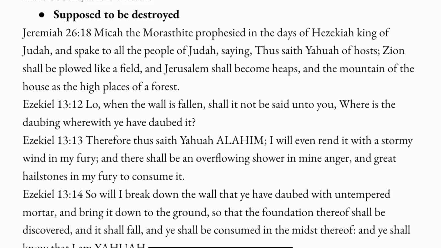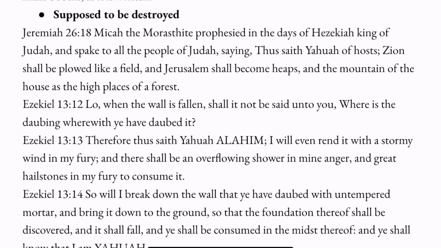Lo, this is Ezekiel 13:12. "Lo, when the wall is fallen, shall it not be said unto you, Where is the daubing wherewith you have daubed it? Therefore thus saith Yahuwah Elohim, I will even rend it with a stormy wind in my fury, and there shall be an overflowing shower in mine anger, and great hailstones in my fury to consume it.